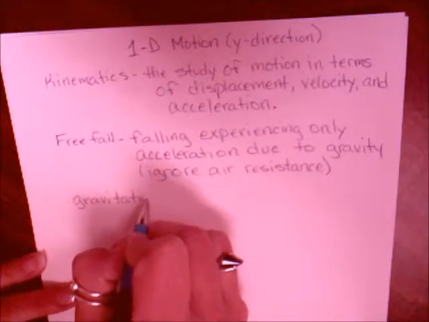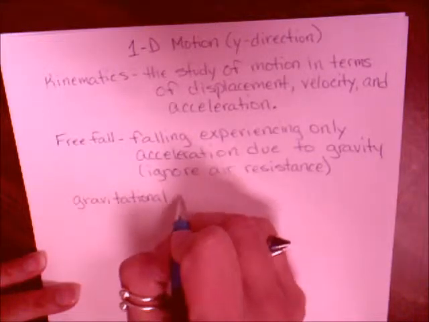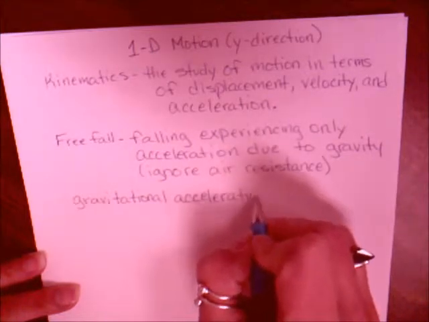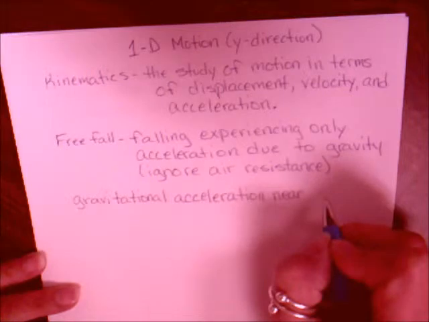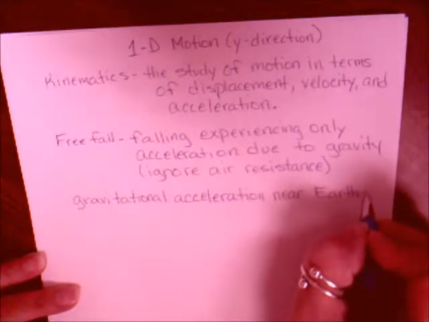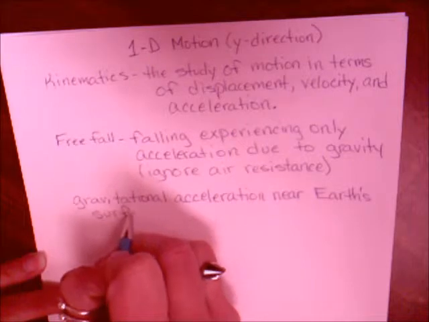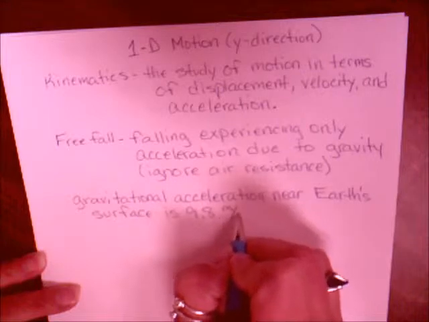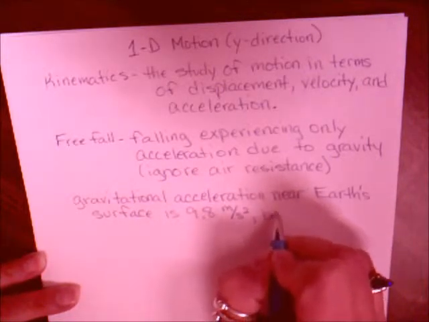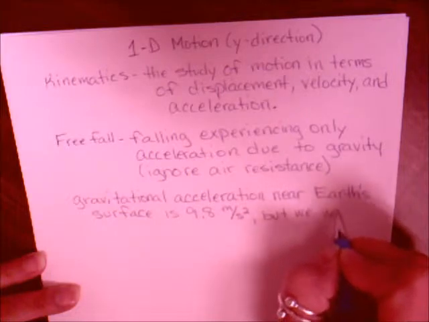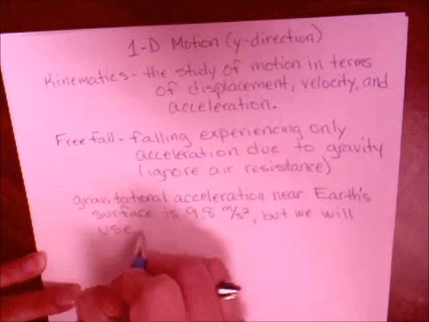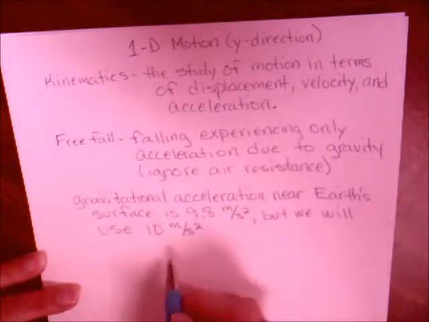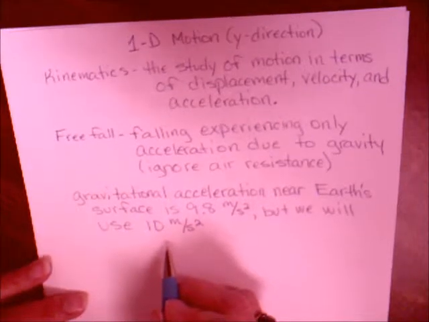You have probably covered before in some of your other classes, maybe even in middle school, that the gravitational acceleration near Earth's surface is 9.8 meters per second squared, but we will use 10 because 9.8 rounds up to a nice round 10, and it's easy to do calculations with.